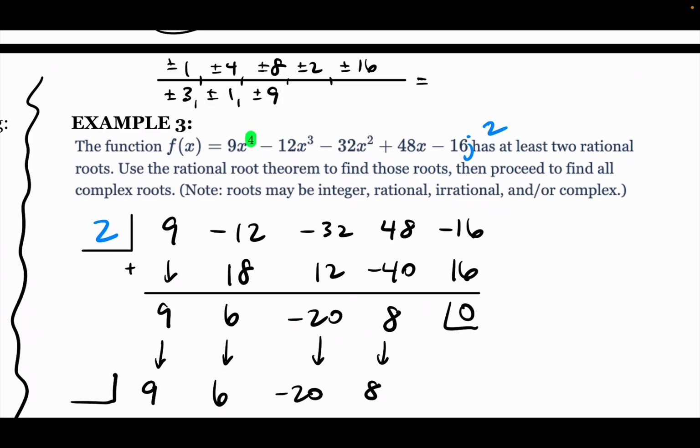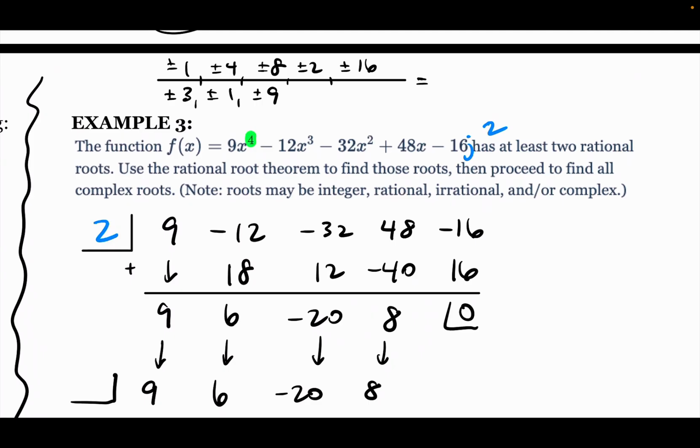So we've already used 2. What's another one we should try? Because you're going to get 1/3, 1, 1/9, 4/3, 4, 4/9, 8/3, 8, 8/9, 2/3, 2, 2/9, 16/3, 16, 16/9. That's a lot of guys that we're going to have.